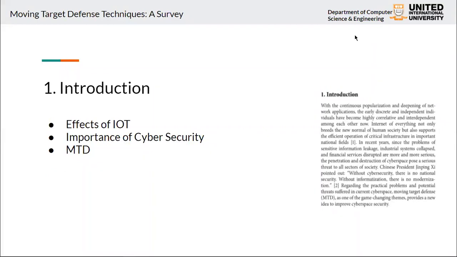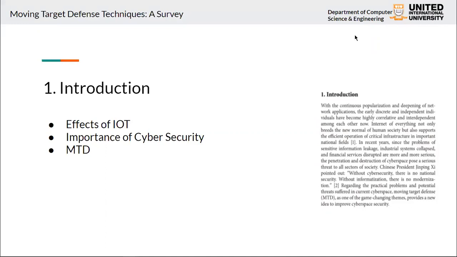Section 1, Introduction. In this first section, the author has started with the effects of IoT. They mention that the Internet of Things not only breeds the new normal of human society, but also supports the efficient operation of critical infrastructure in important national fields.